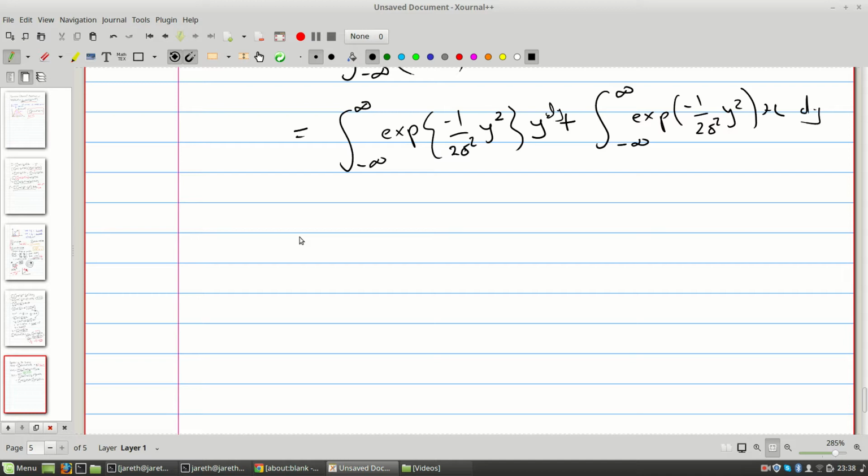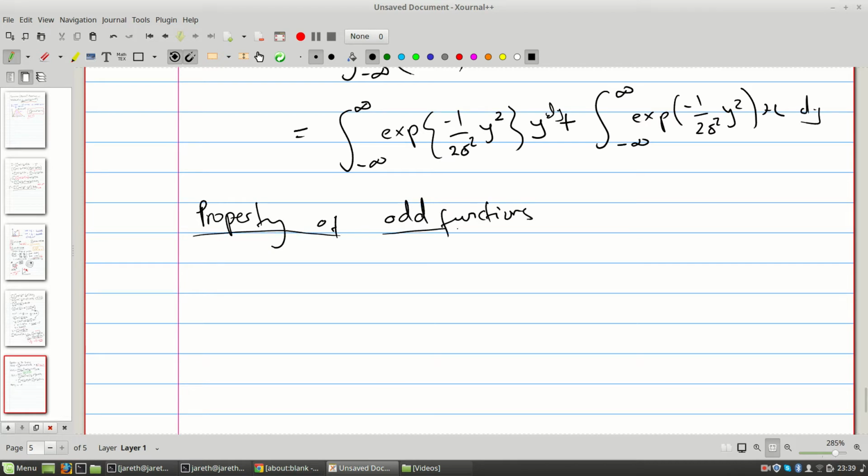But in the case of odd functions, the integral from minus infinity to infinity should actually boil down to 0. Why do we say something like that? Because odd functions should have the following property. So let's look at the property of odd functions.